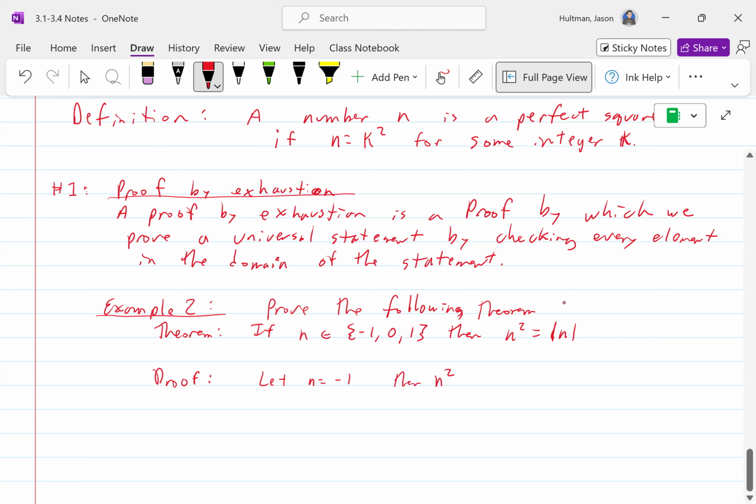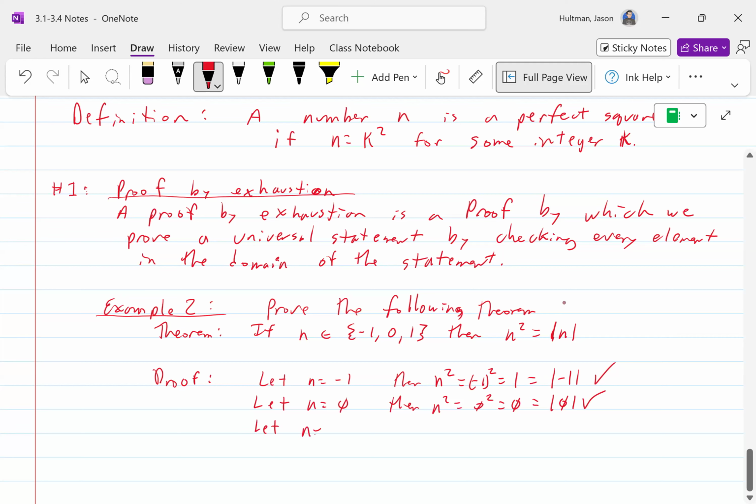Then n squared is equal to -1 squared, which is 1, which is equal to the absolute value of -1. So that checks. Let n equal 0. Then n squared equals 0 squared, which is 0, which is the absolute value of 0, and that checks.